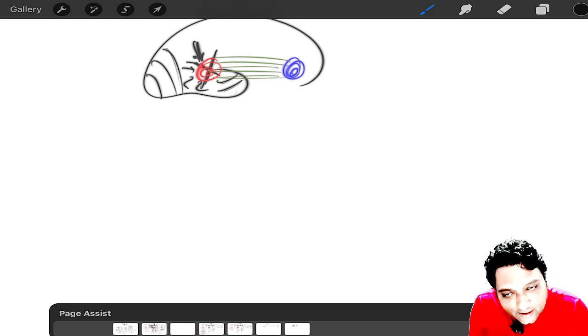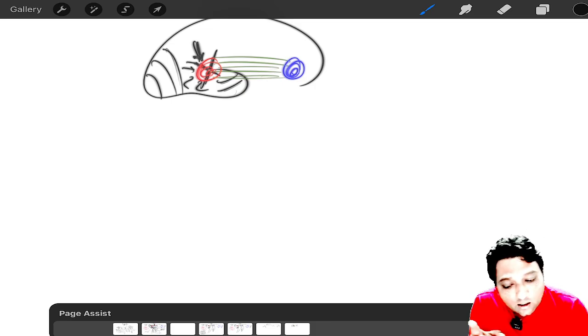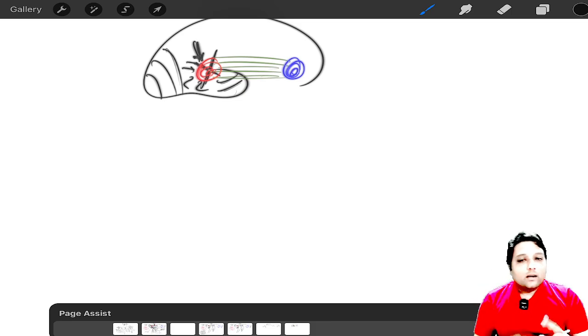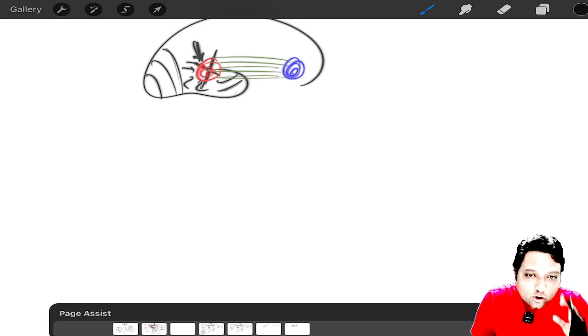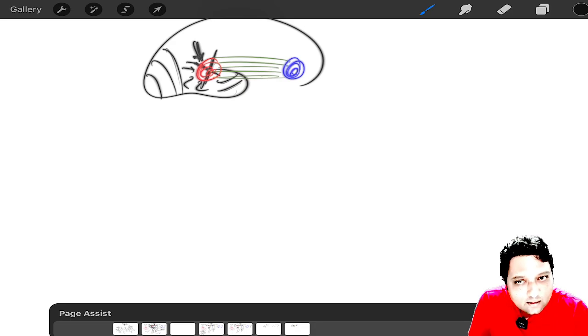So the patient is unable to understand written words or spoken words. But since Broca's area is normal, speech expression is normal. The patient speaks well, speaks fluently, but it cannot make sense.